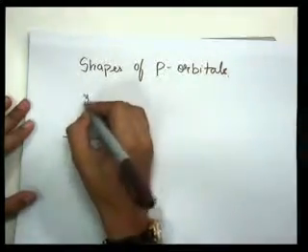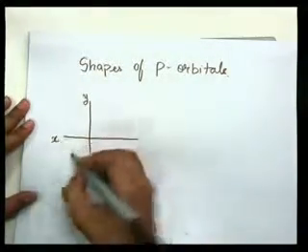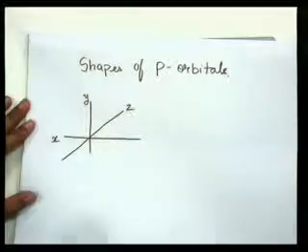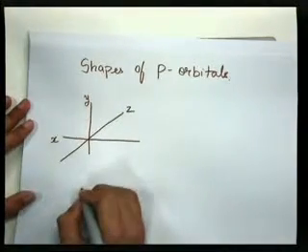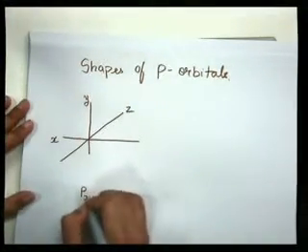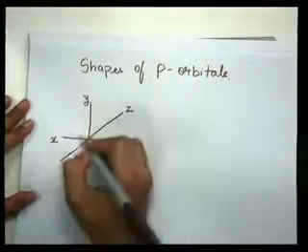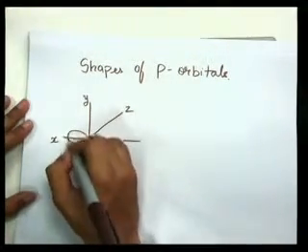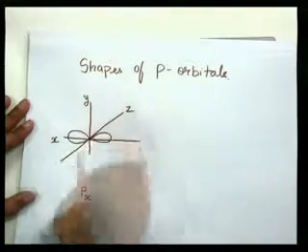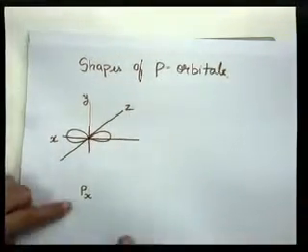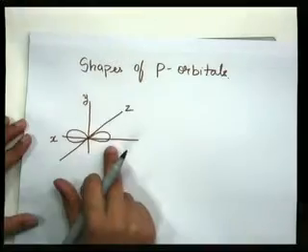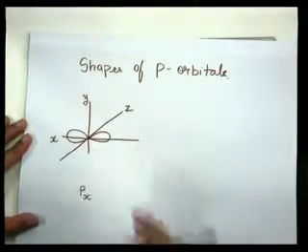This is your y-axis, this is your x-axis and this is your z-axis. So when we are trying to draw px orbital, it means your dumbbell will lie on this x axis. Okay, so px orbital, your dumbbell shape will lie on this x-axis line.